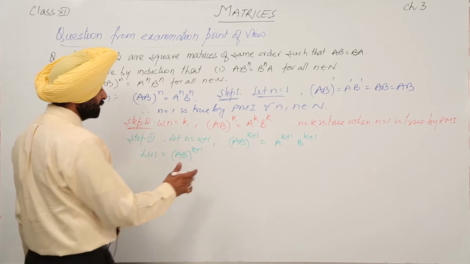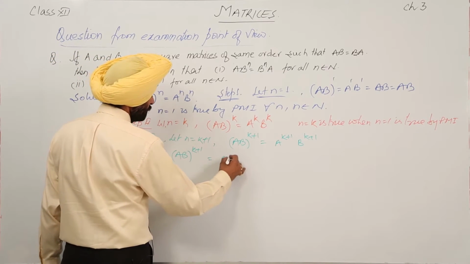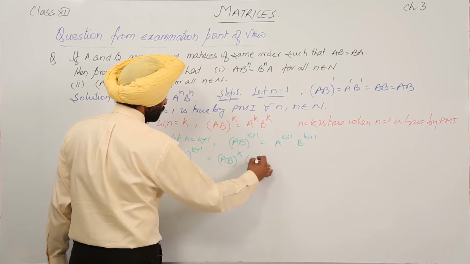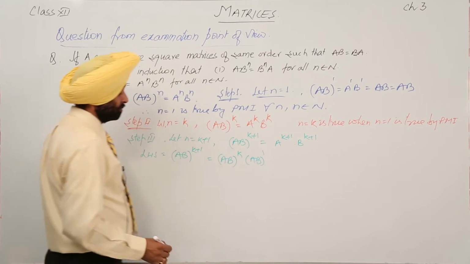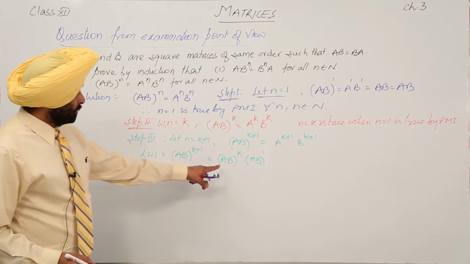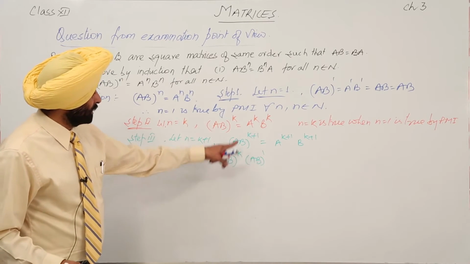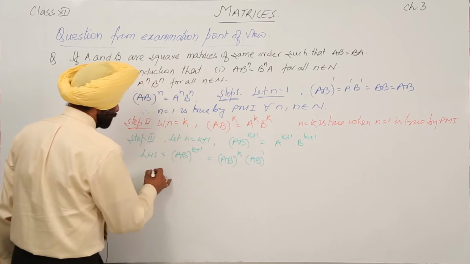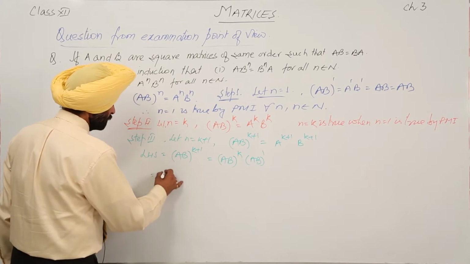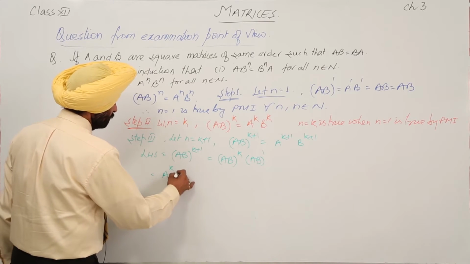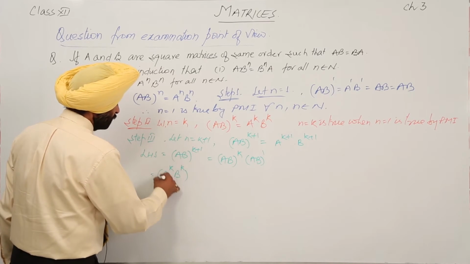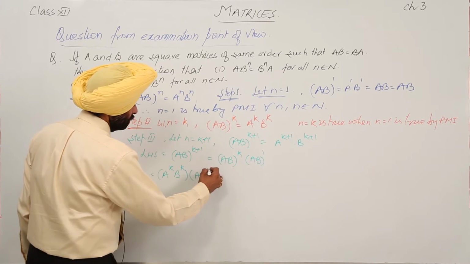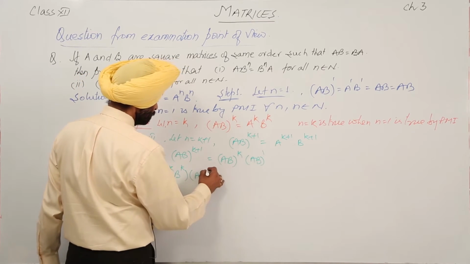Now splitting the power, what are we having? (AB)^k with (AB)^1. Now (AB)^k is what? A^k B^k, so we can write it as A^k B^k with AB^1.